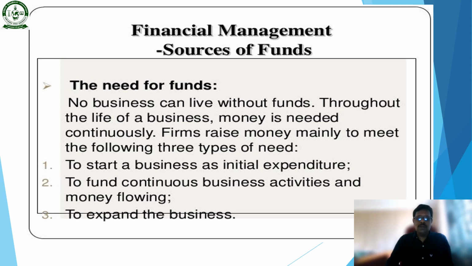The second one is to fund continuous business activities and money flowing. If you want to run the business, money flows continuously in the life of the business. Once the business is growing, money is required to expand the existing business. So, to expand its wings, the requirement of money is more essential.